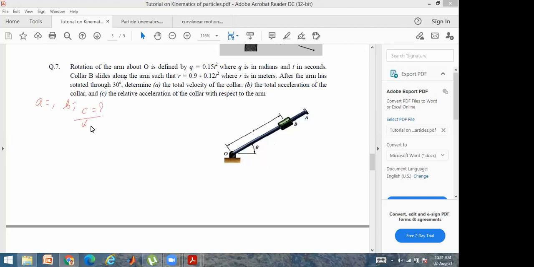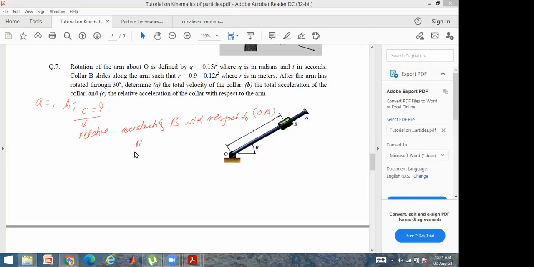So the relative acceleration of polar of B with respect to arm. With respect to arm, what is arm? Arm is OA. Right?